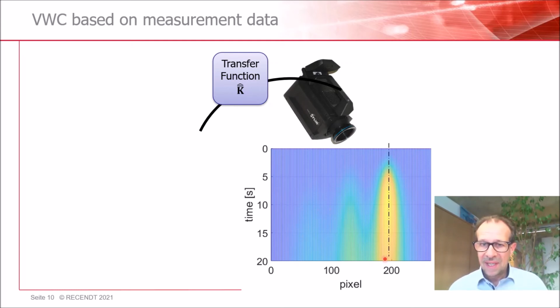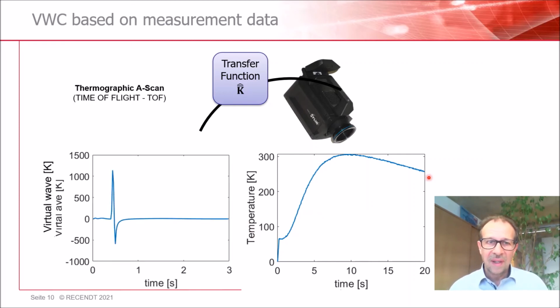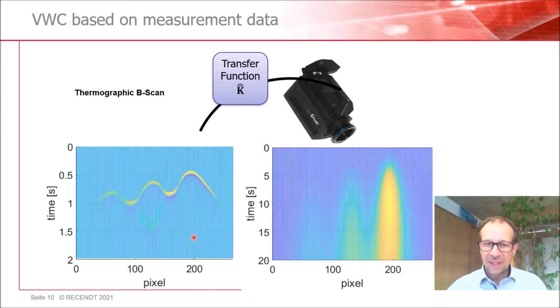And let's take the signal here from that pixel. You see it looks like that, and you can use this virtual wave reconstruction to calculate the virtual wave out of that, and this is a very clear acoustic signal what you see here. You can do this for every location, for every pixel of your camera, and what you get is a virtual wave like that.